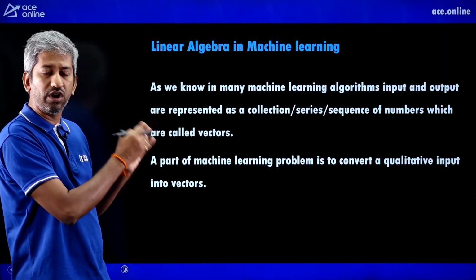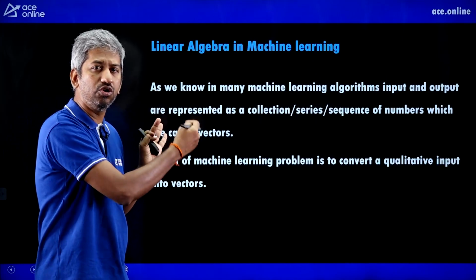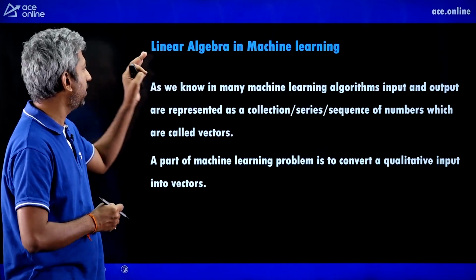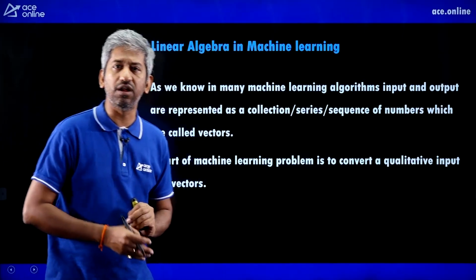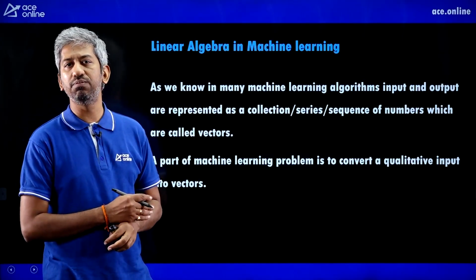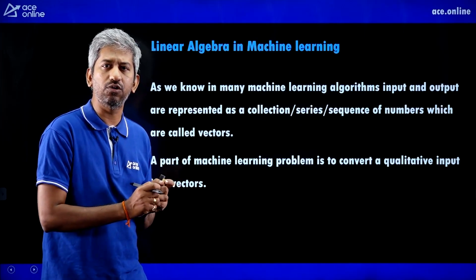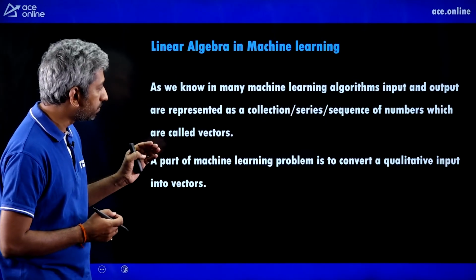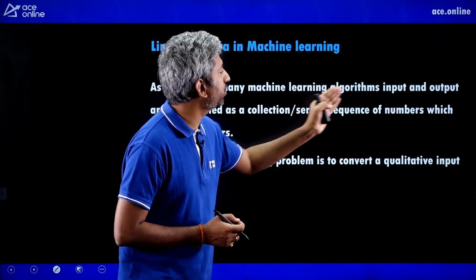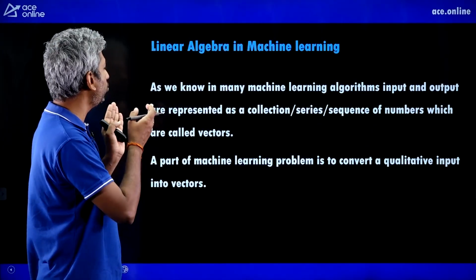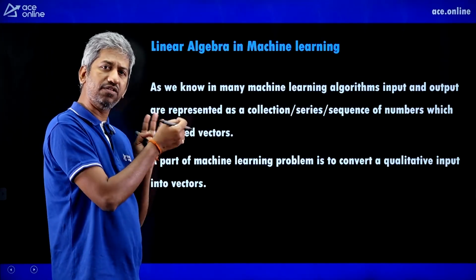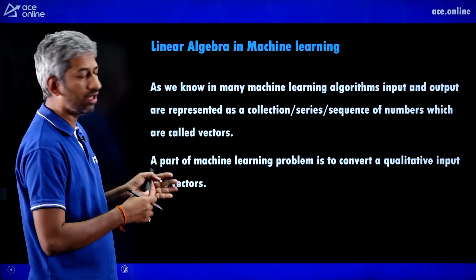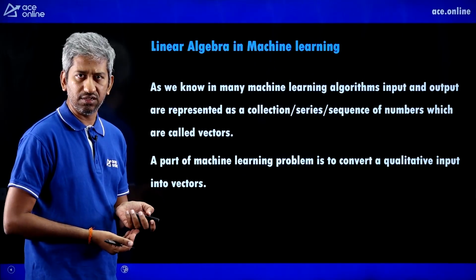Converting non-numeric data into numeric data can be done with the help of linear algebra. In that manner, linear algebra plays a very important and vital role in machine learning. In many machine learning problems, the input and output are represented as a collection, sequence or series of numbers that are called vectors.